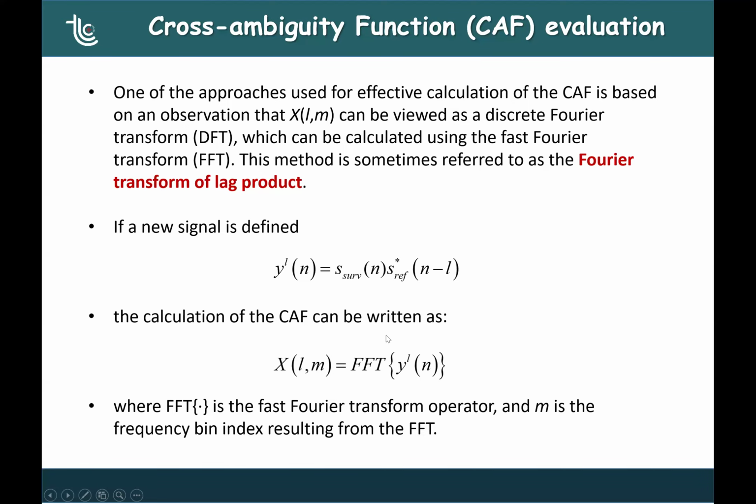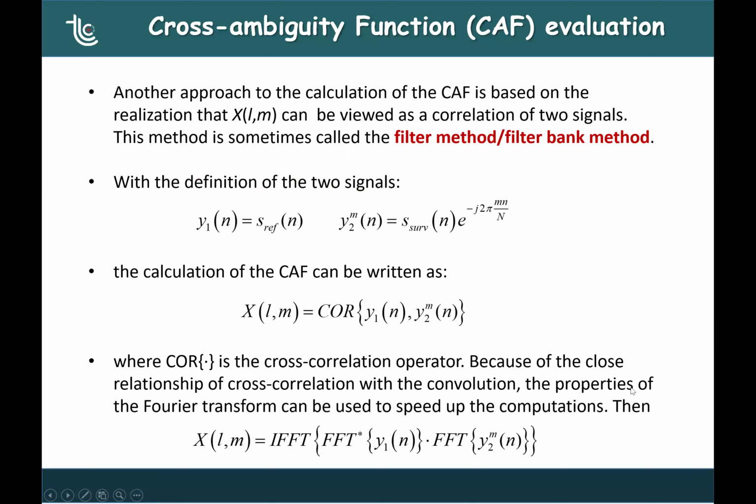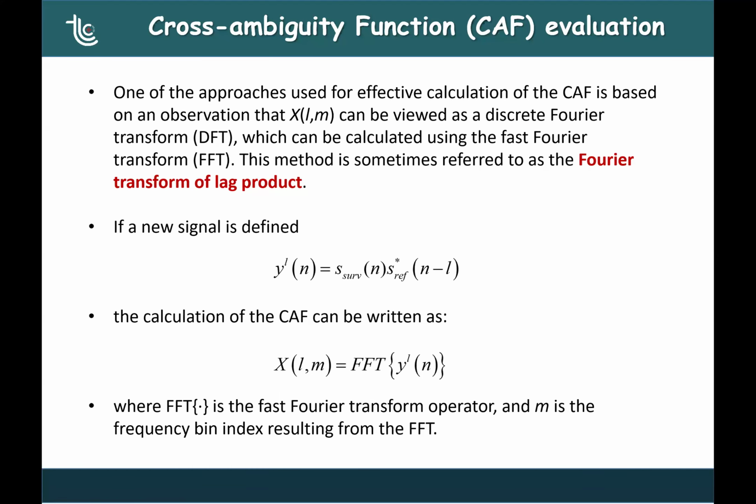And in this way, we build the cross ambiguity function. There is another approach. Why is this approach particularly efficient? Because the fast Fourier transform is an efficient and fast algorithm.